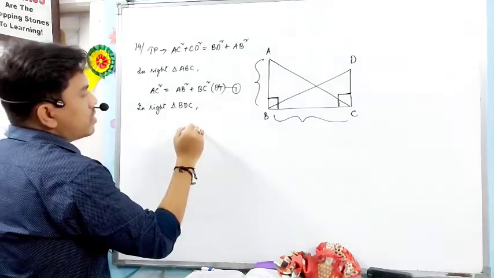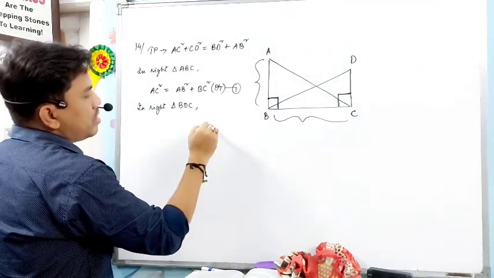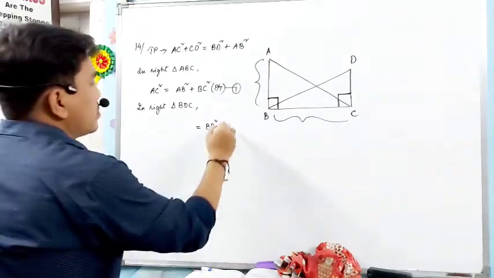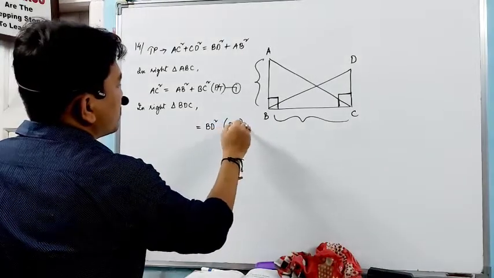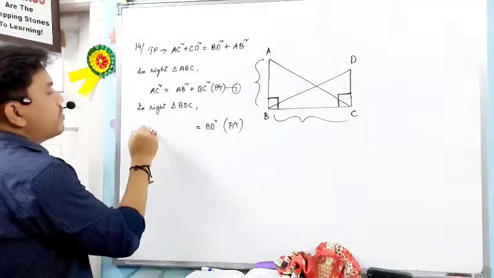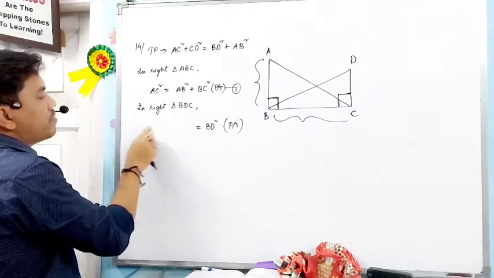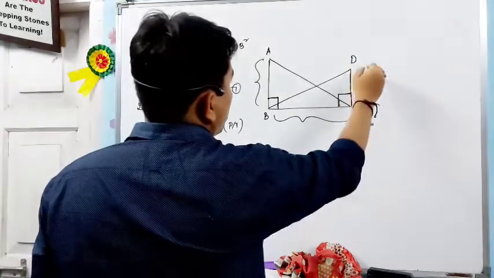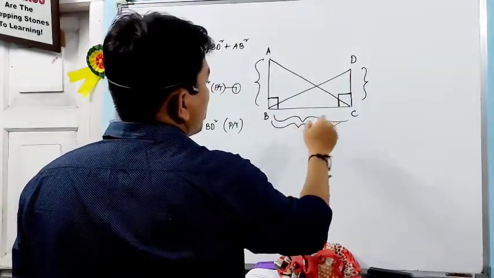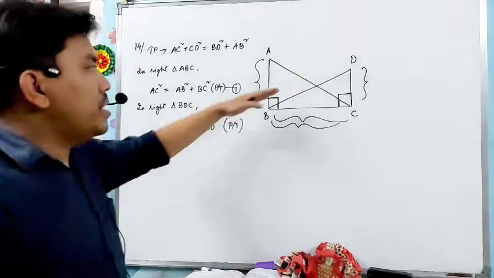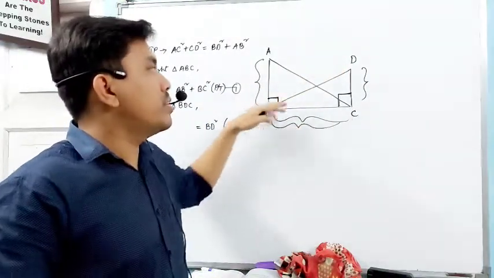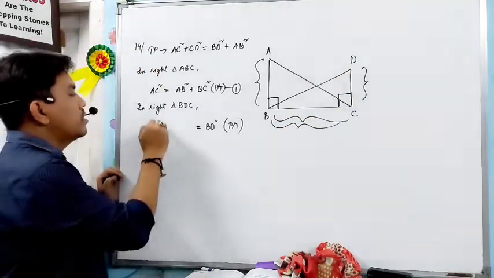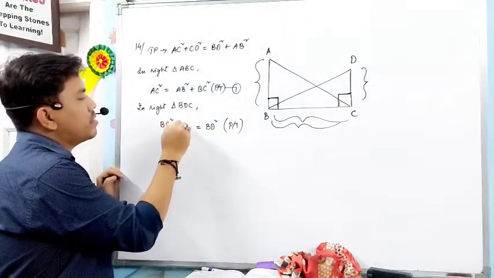This time let me write BD, the hypotenuse, on the right hand side. What will be on the left hand side? CD and BC. BD was the hypotenuse of this triangle, so BD square we have written here. BC square plus CD square will be written here.